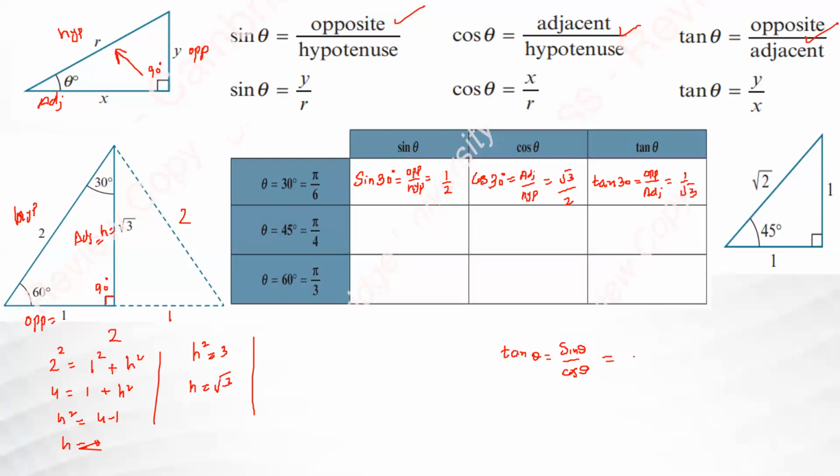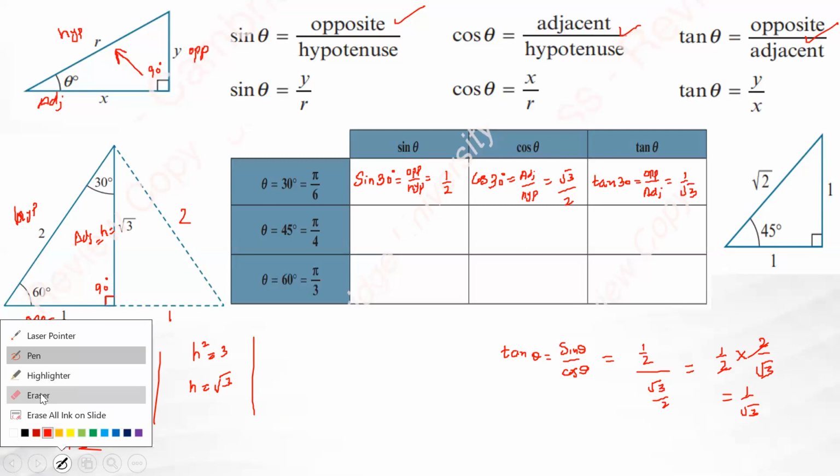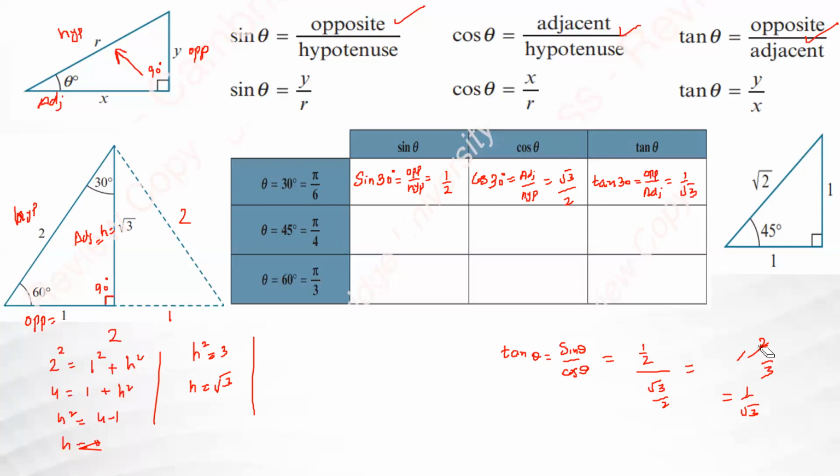And if you write the sine theta over cos theta value, which is 1 over 2 over the square root of 3 over 2, it is equal to 1 over 2 multiplied by 2 over the square root of 3. So you get the same answer again, 1 over the square root of 3. I hope you understand this one.